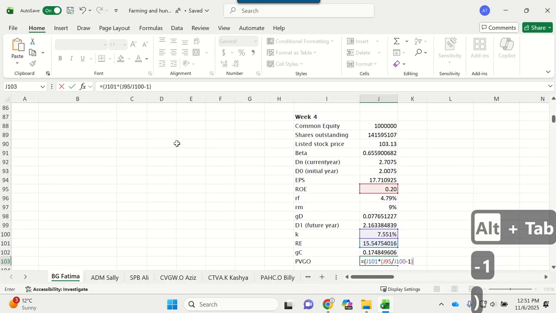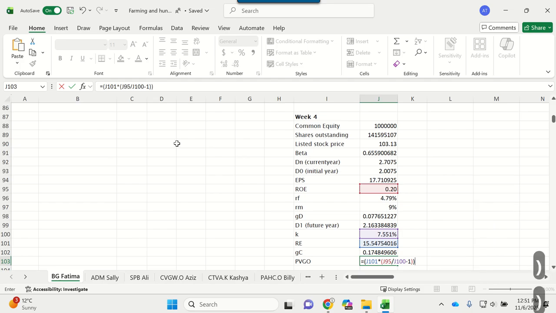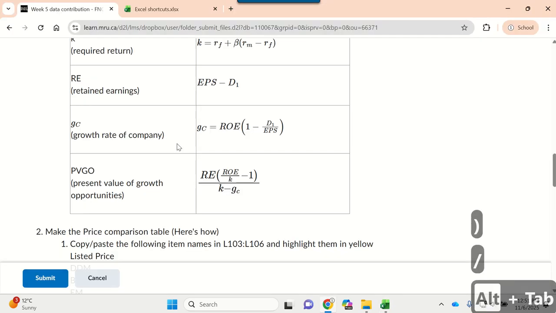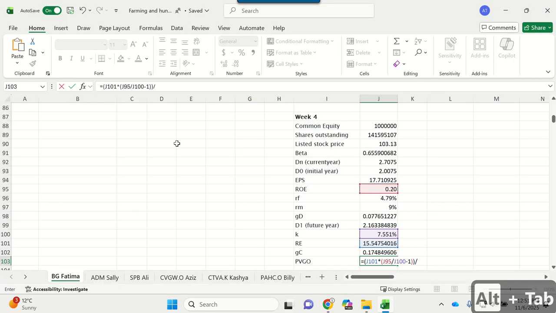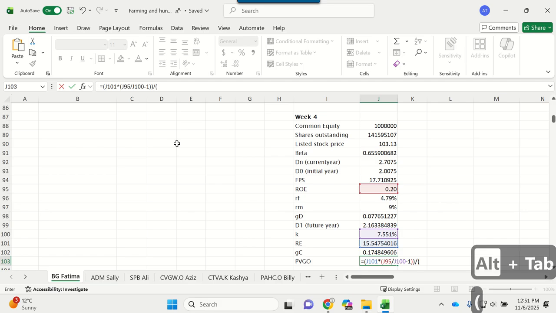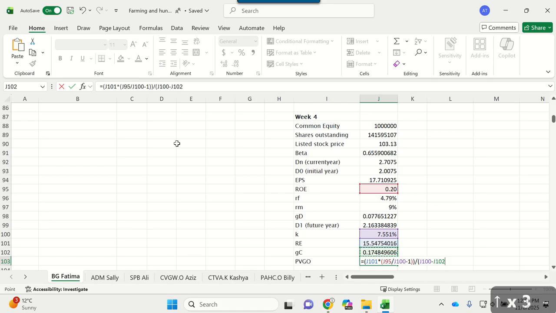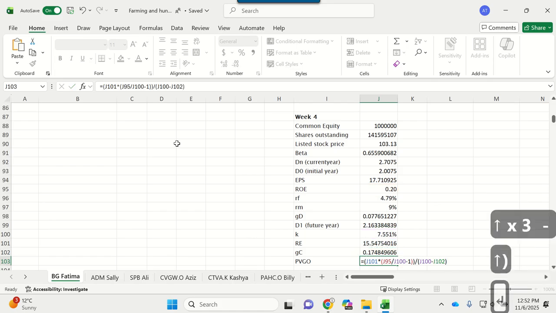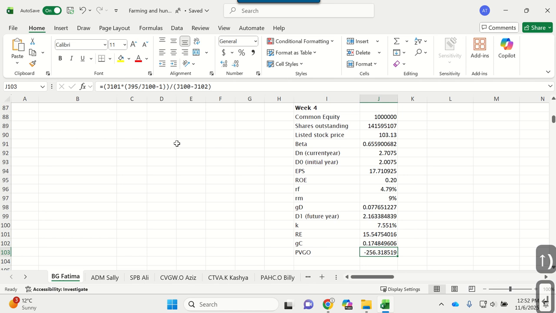And now I'm going to close brackets for the numerator. And then divide that by the denominator. I'm going to also use brackets, K minus the growth of the company, close brackets. Mine's negative. That's not very optimal, but that's what we have to do.